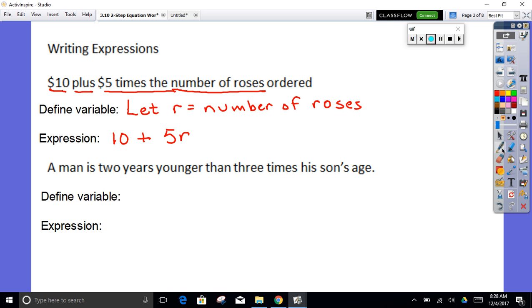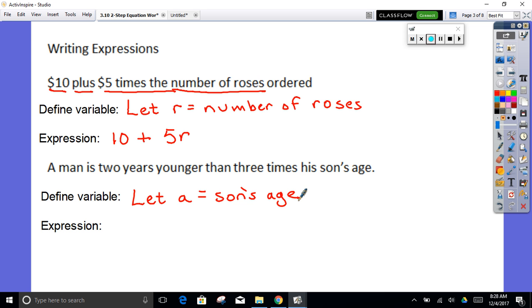Now let's take a look at the next one. A man is 2 years younger than 3 times his son's age. What would I define my variable as? A. A for? It would equal the son's age. Okay, good. Let A equal the son's age.